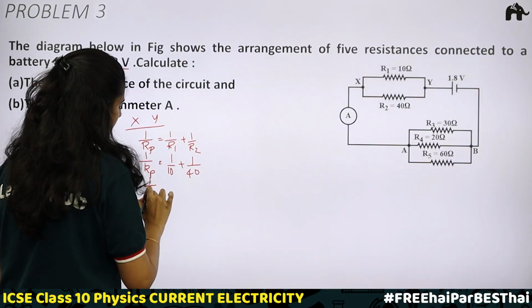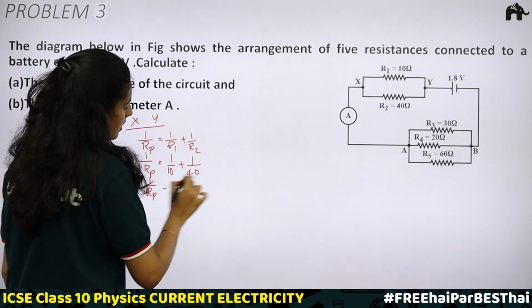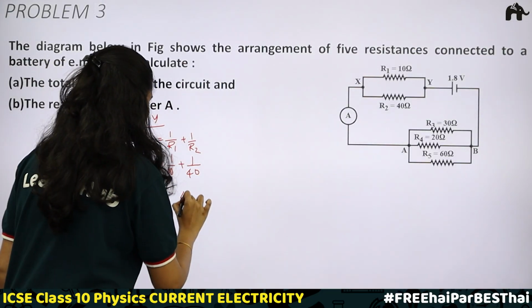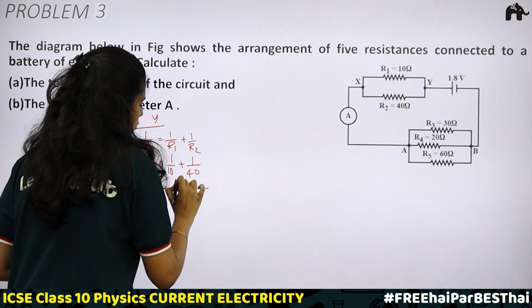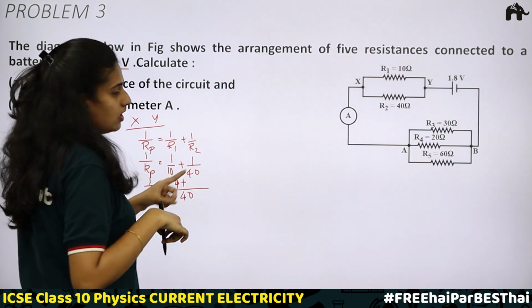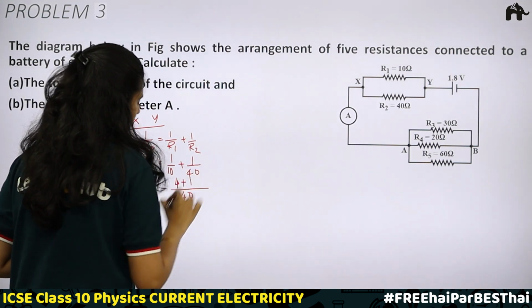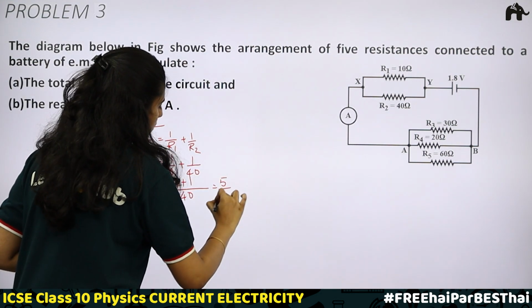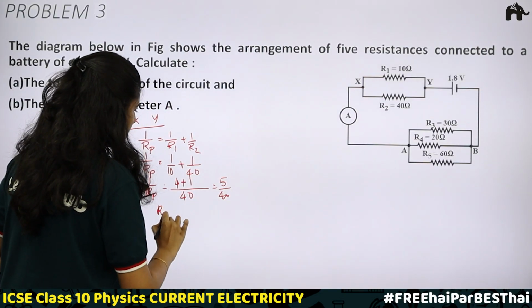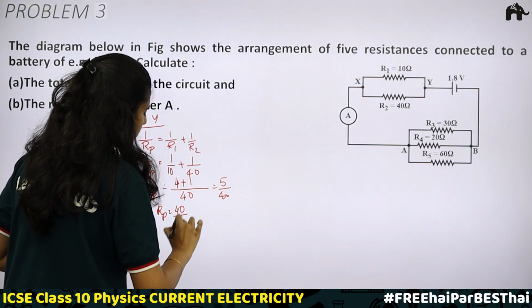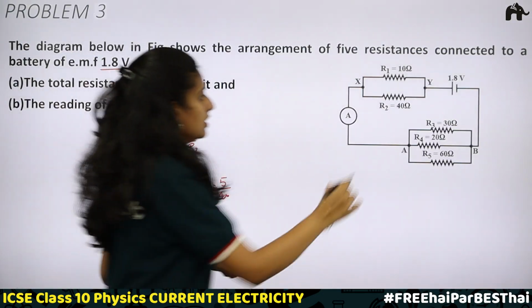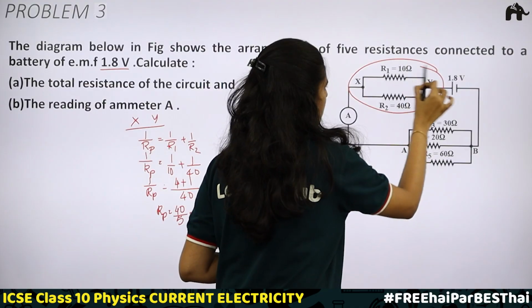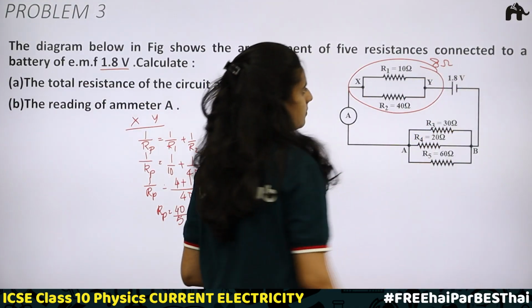Taking the LCM, we get 40: 4 into 1 plus 1 into 1, which is 5 by 40, so Rp is equal to 40 divided by 5, which is 8 ohms. So this part, when solved, gives 8 ohms.